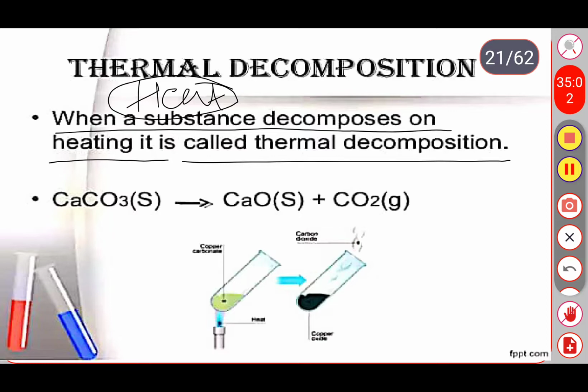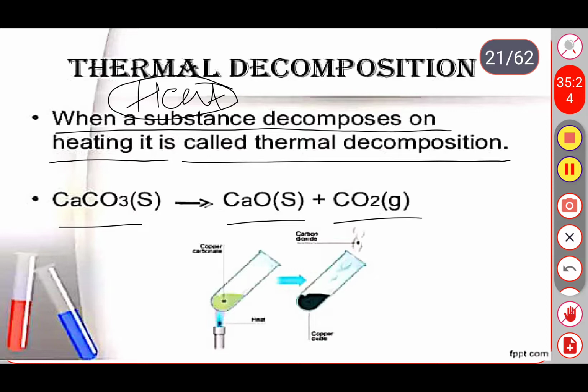When calcium carbonate is heated, it decomposes to give calcium oxide and carbon dioxide. The carbon dioxide which comes out turns lime water milky. So this is the best example for thermal decomposition.